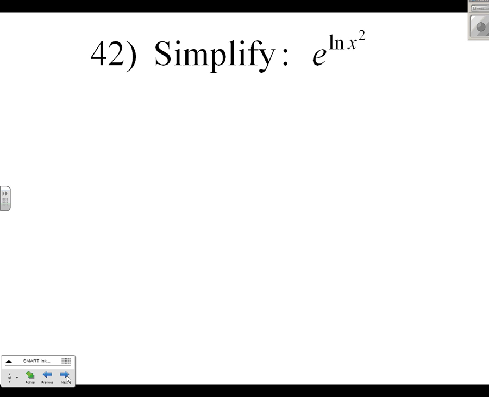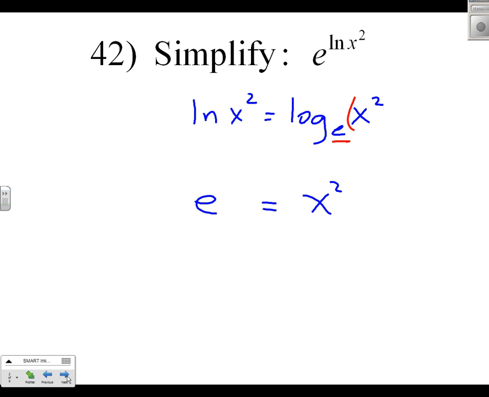Likewise, this ln x squared, if we think of that as log base e of x to the second, this is the exponent that wants to turn an e into an x squared. A logarithm is the exponent that wants to turn its base into its argument.